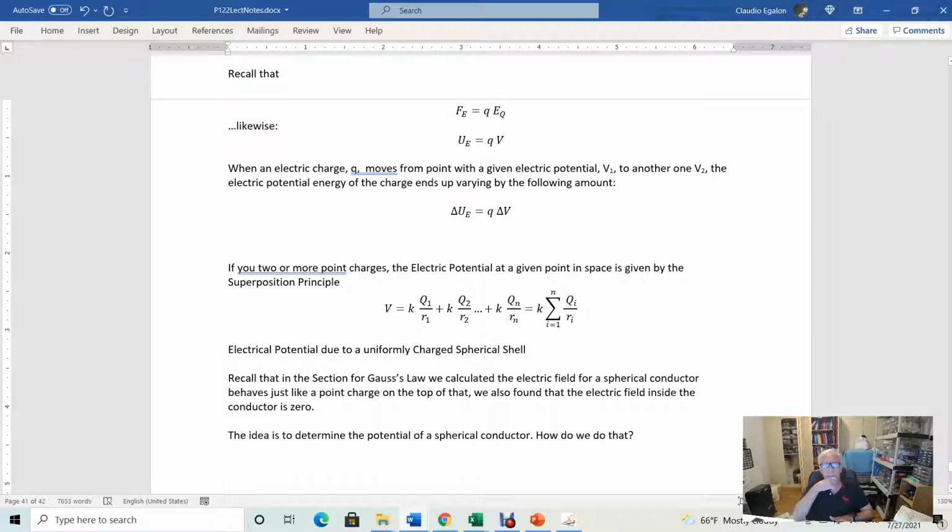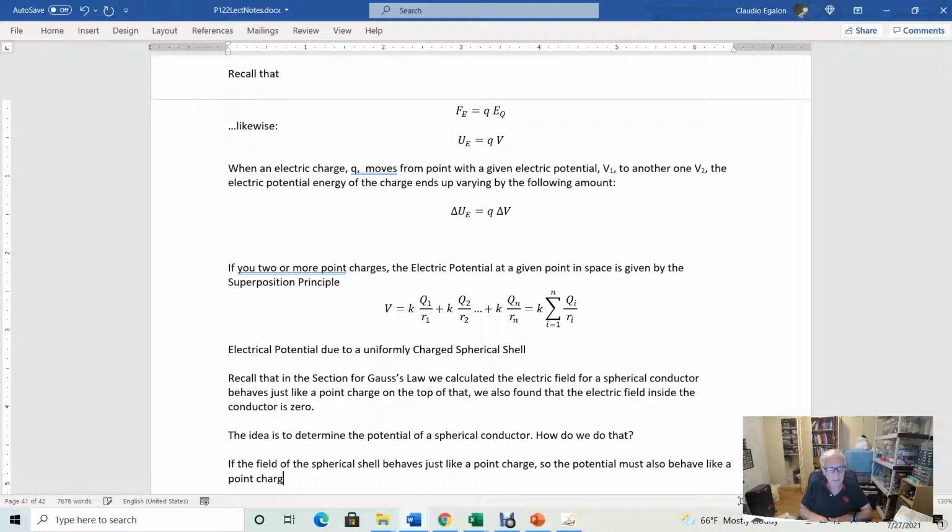Okay, so we do the following. If the field of the spherical conductor, the spherical shell, behaves just like a point charge, then the potential must also behave like a point charge.